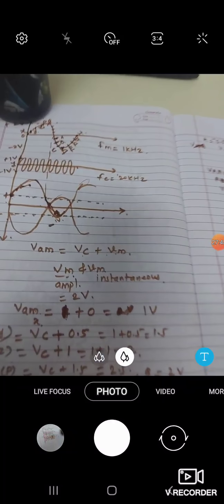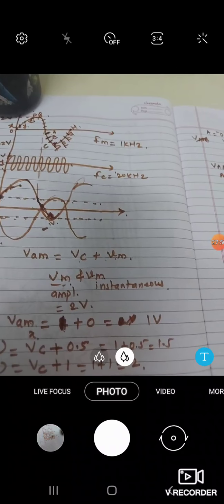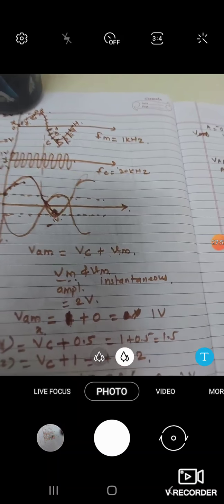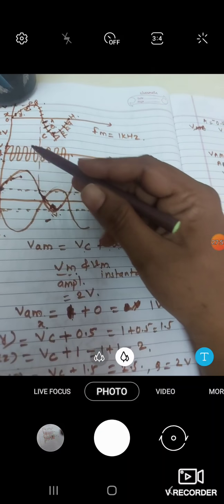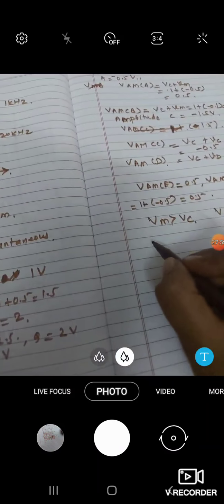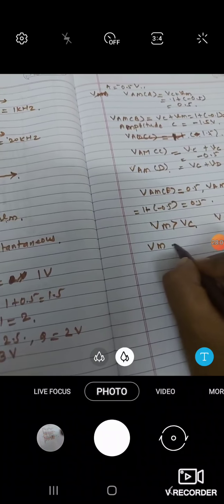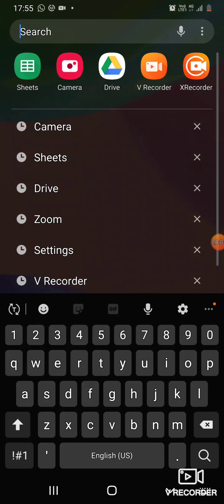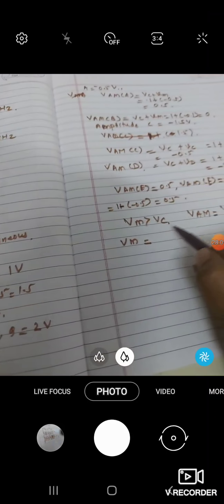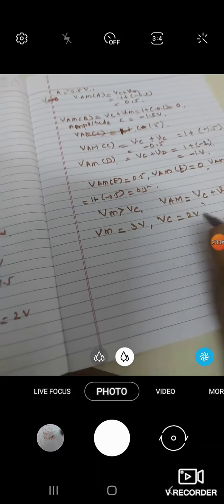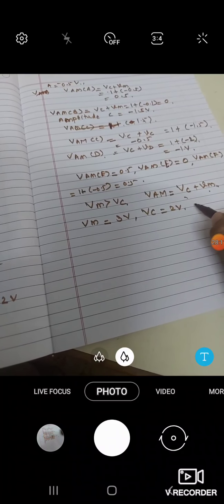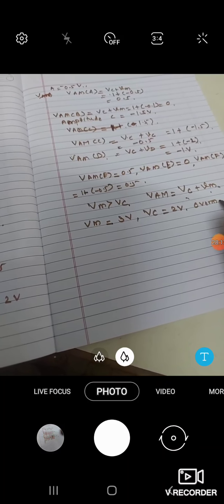So you can try the diagram for the over modulation condition so that it will be more clear to you. For example, take the value of VM as 3 volt and VC as 2 volt, and draw the diagram for over modulation.